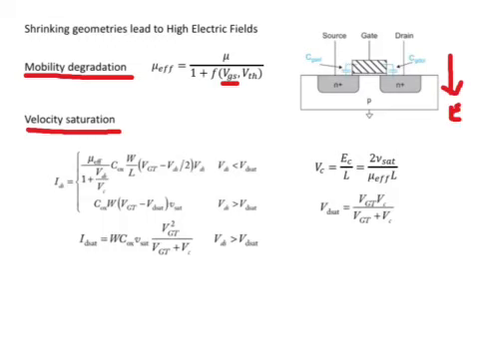What happens is this electric field tends to push free carriers towards the oxide surface of the channel, and this increases the scattering of the free carriers, which in turn reduces the mobility of the free carriers.